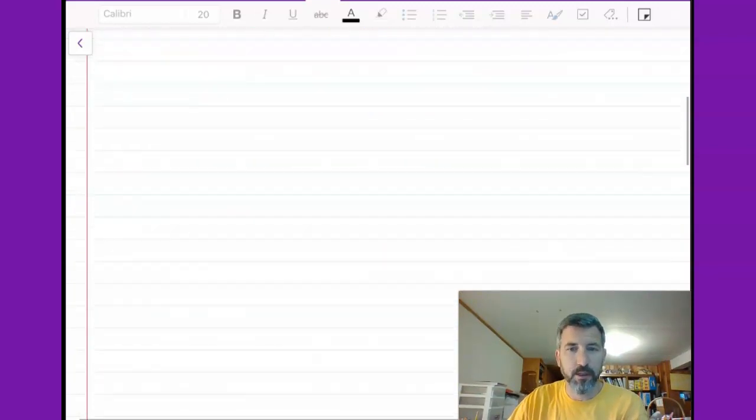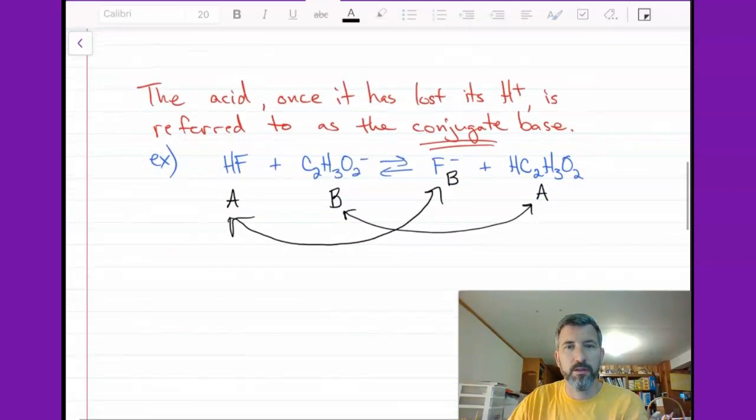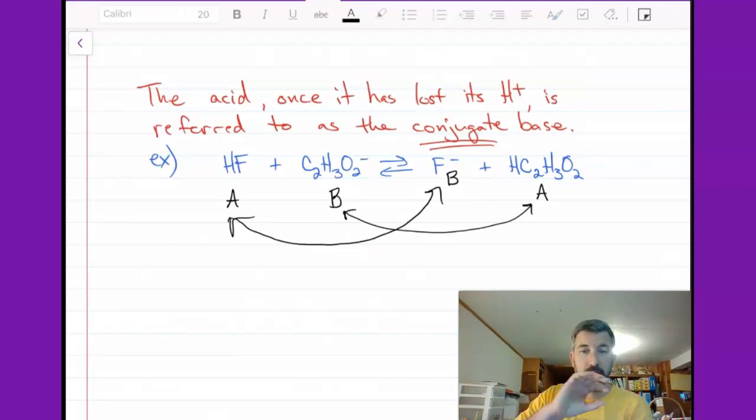So what we call this, when a Bronsted-Lowry acid reacts and gives its proton to another substance, we say that this is a proton transfer reaction. Proton transfer just means a Bronsted-Lowry acid and Bronsted-Lowry base, one is giving to the other. And that's exactly what's happening in this reaction.